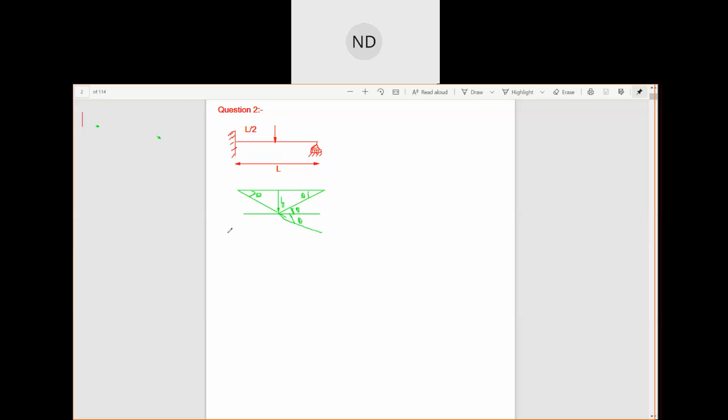So now what is our internal work done? Our internal work done was plastic moment into rotation. MP, the plastic moment, where will that be present?